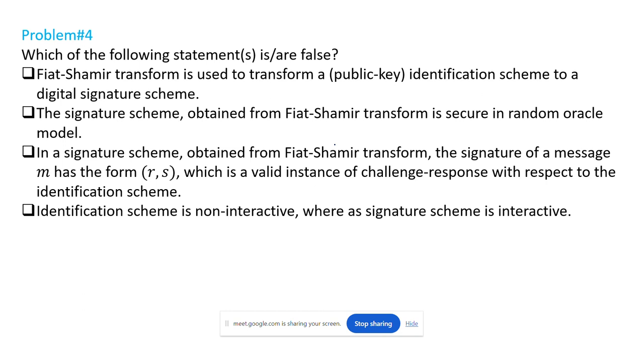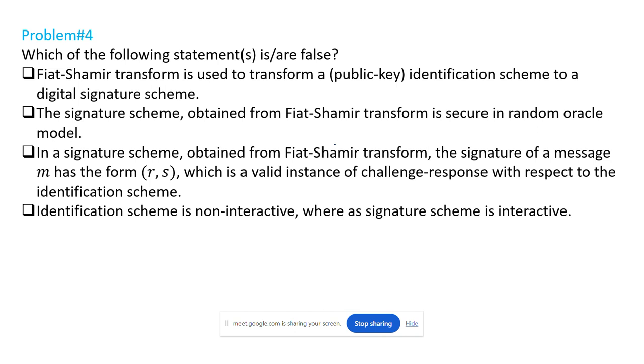Which of the following statements is or are false? It says the Fiat-Shamir transform is used to transform a public key identification scheme to a digital signature scheme. So this is true, right? We already discussed how to apply the Fiat-Shamir transform to get a single round signature scheme, or non-interactive signature scheme, from a 3-round identification scheme.